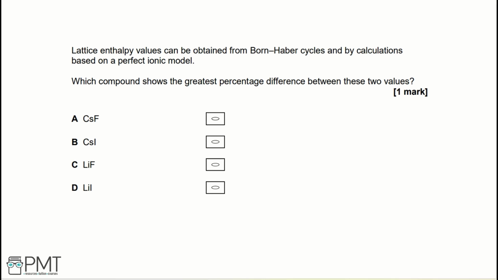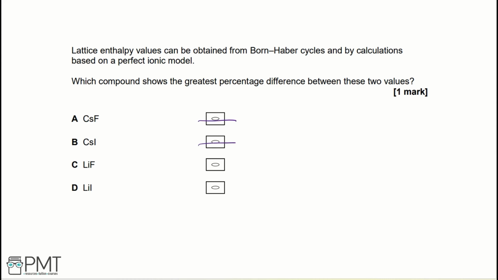In this question, we're looking for the compound with the most covalent character. So let's first look at cesium versus lithium. Well, cesium is larger and it has a larger atomic radius, which means it's going to be less covalent in character and more ionic. So we can eliminate A and B and just look at C and D.